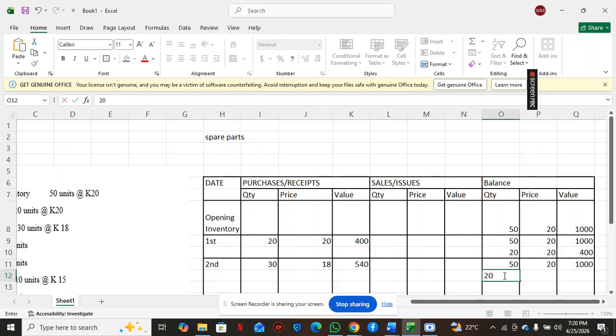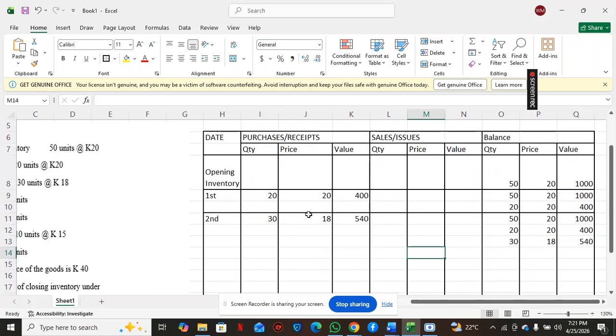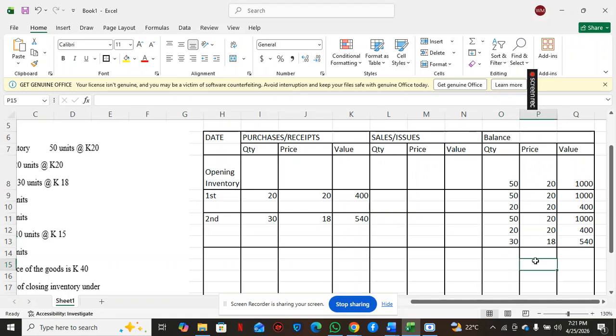Then another 20 spare parts also at 20 kwacha, 400 kwacha. Then we brought in 30 spare parts valued at 18 kwacha, total value 540 kwacha. So each time there is a purchase, you see how I'm dividing out the inventory.